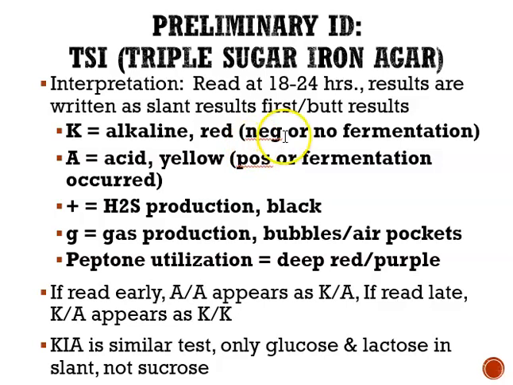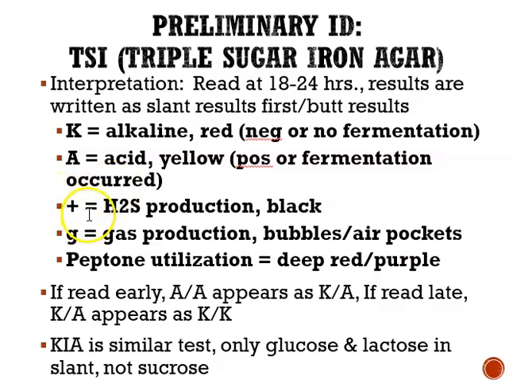That's considered negative, and no fermentation has taken place. We use the letter A to indicate acid production, which is considered a positive reaction. The media has fermented the sugar, produced acid, and turned yellow.